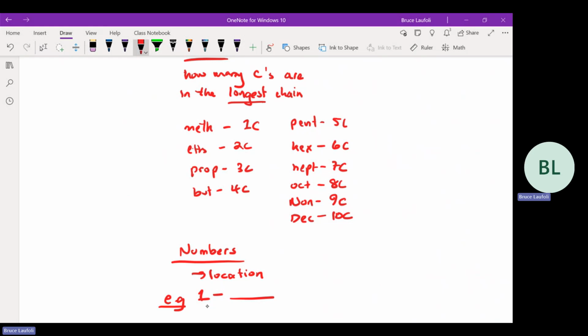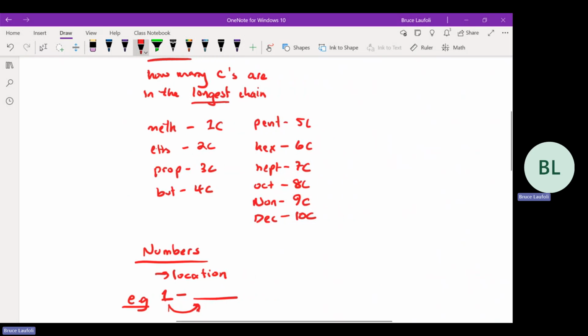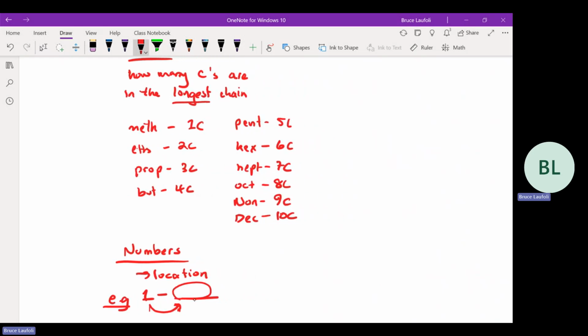So this number shows what carbon whatever it's talking about directly after is located at. So whatever is here, let's say an example is chloro.